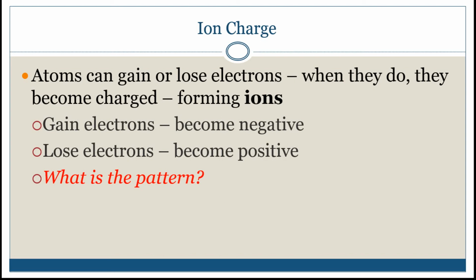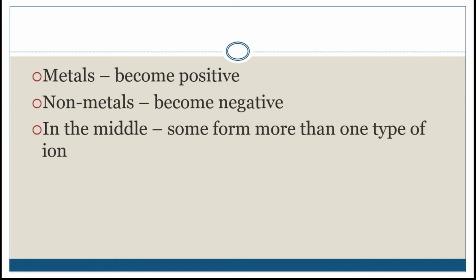The fact that metals are willing to get rid of electrons is why they're conductive. It's why we build all of our wire out of metals, because they're happy to pass the electrons through the wires to the other end. So, metals, you can write this down, become positive. Non-metals become negative. That's a blank to fill in. And in the middle, it turns out some form more than one type of ion.